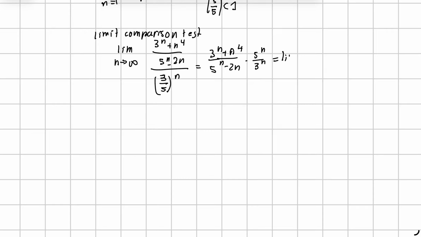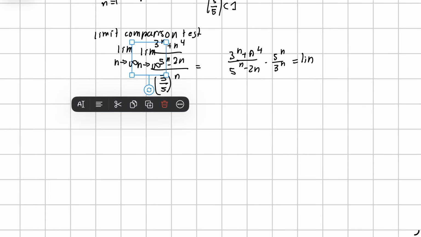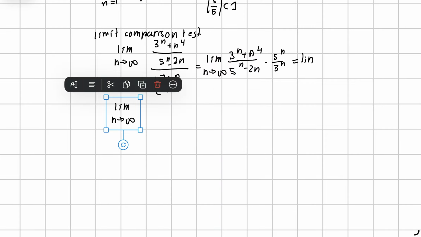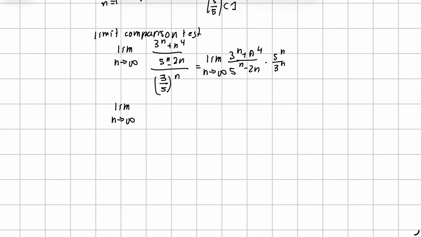Okay, forgot to write the limit over here. So the limit as n approaches infinity of 5 to the power of n times 3 to the power of n plus n to the power of 4, divided by 3 to the power of n times 5 to the power of n minus 2n. So we're going to split out the dominant behavior.